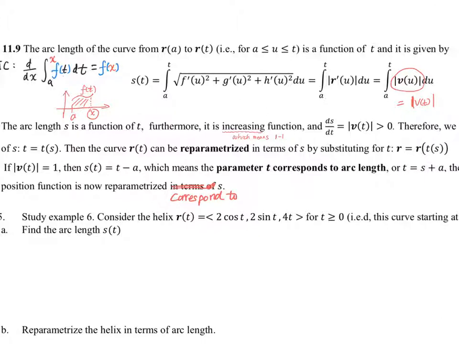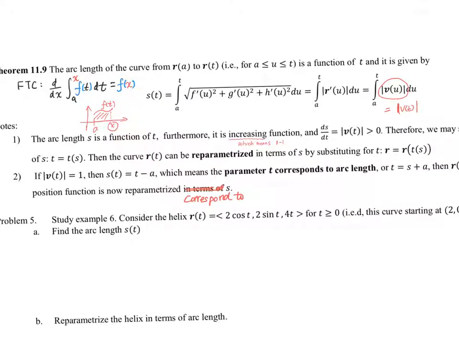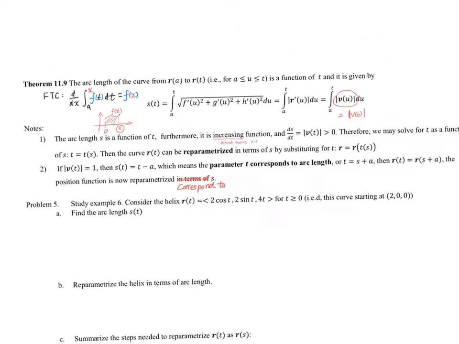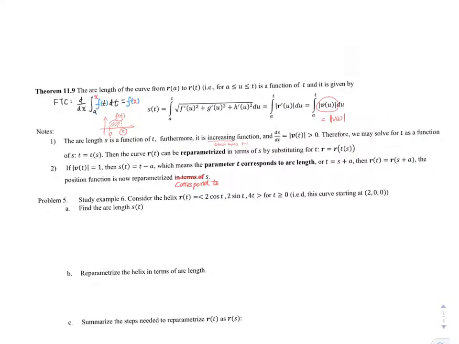Now because it is a 1-to-1 function, because when it is an increasing function that means it has to be 1-to-1, we can actually solve, let me zoom out a little bit here. So therefore we may solve for t as a function of s. This can be done when you have a 1-to-1 function.